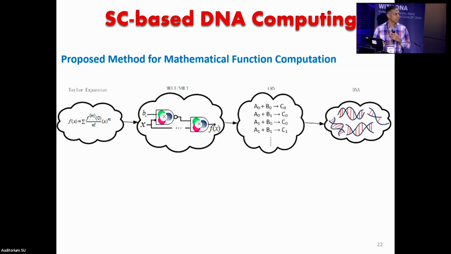And then we write the chemical reaction for each gate that we have, and finally, we map the chemical reactions to DNA reactions. So going from abstract mathematical representation of a function to its DNA oligos.